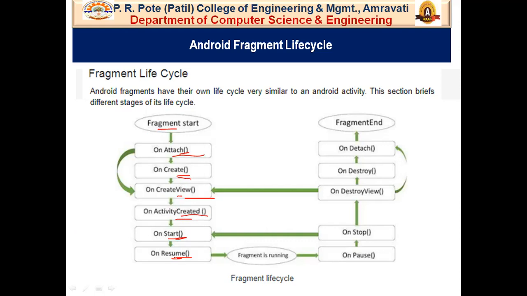When other fragments or other activities are about to come online or take the main space, the flow comes to the onPause method. Then if onPause is called and the fragment is not getting the user, we call the onStop method.